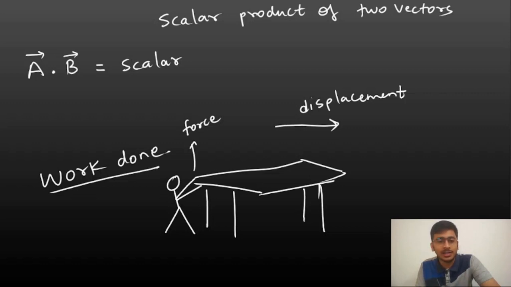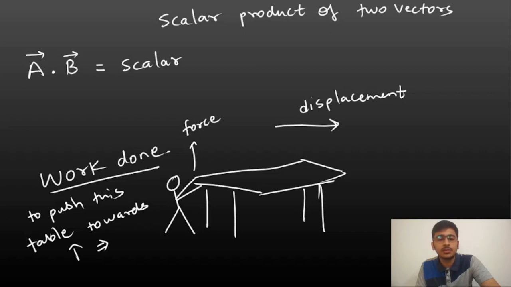So work done to push this table towards, let's say, I cap is 0. I have done no work.